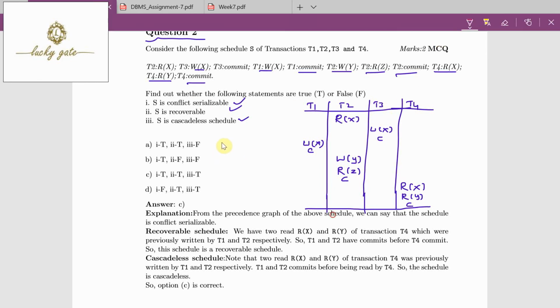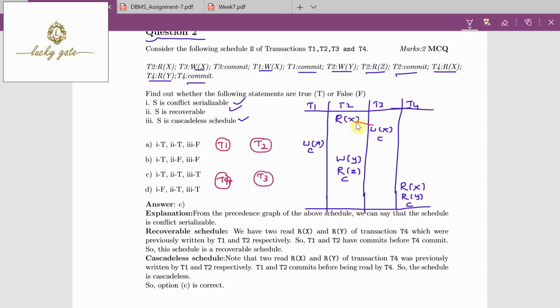For constructing a precedence graph, we have to draw one vertex for each of the transactions. Because we have 4 transactions, we draw 4 vertices, and for each conflicting operation we draw one edge.